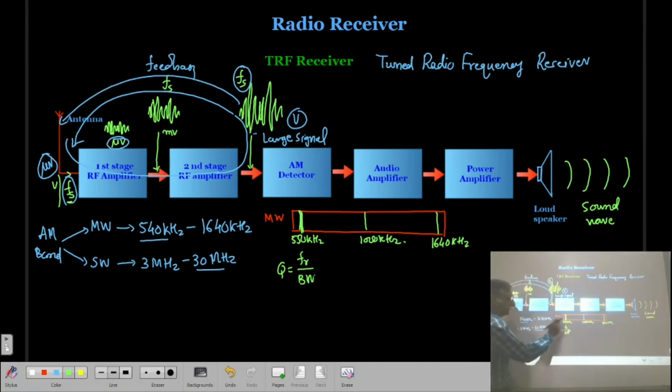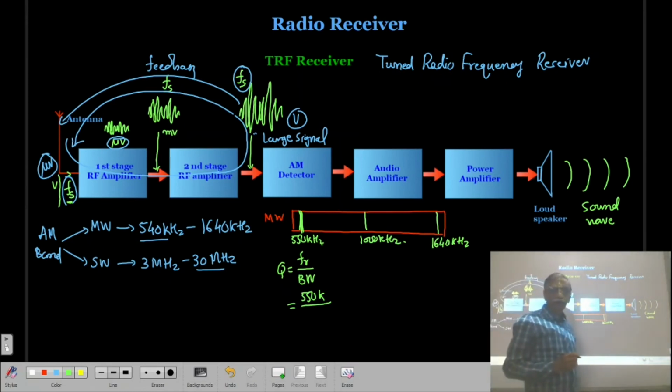So here, if my pointer is on 550 kilohertz and I calculate the quality factor, then this is 550 kilohertz, and we know that the bandwidth of an AM wave is 10 kilohertz.